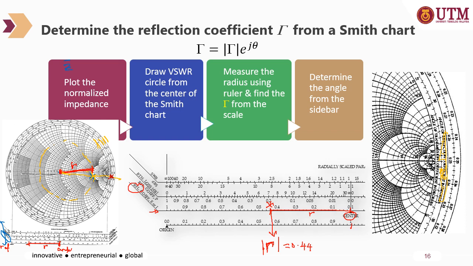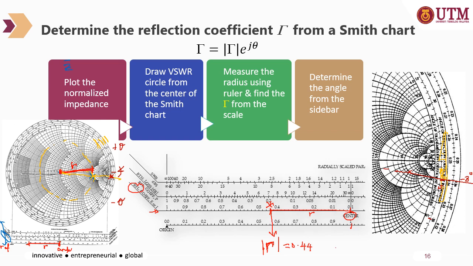For example, underneath is negative theta and on top is positive theta. From the center, it's crossing there, so the angle is somewhere here. Right here is 20, so maybe here is 10, so here is maybe negative 8 degrees.